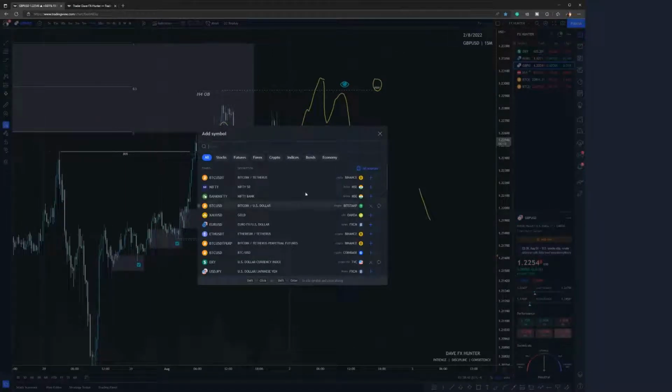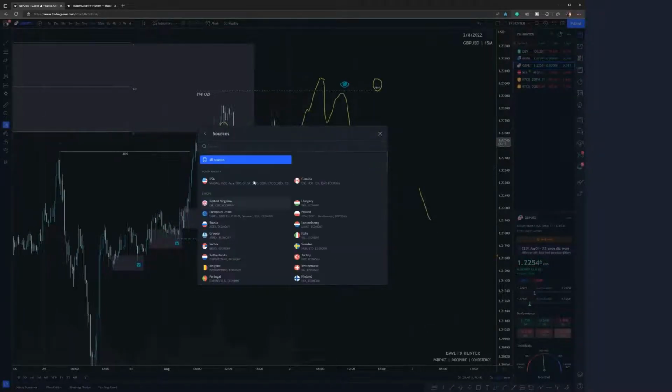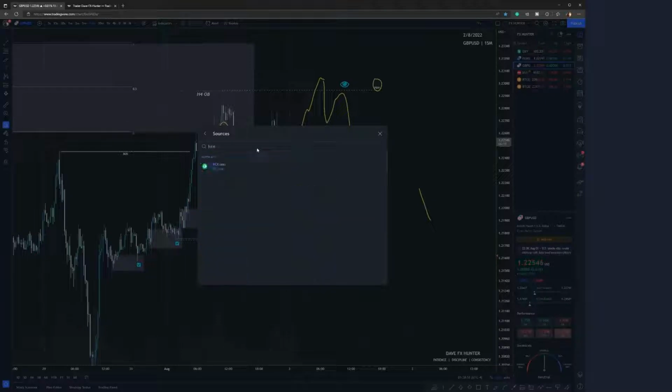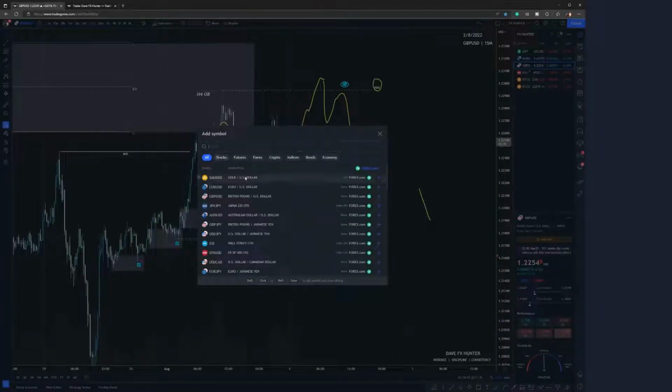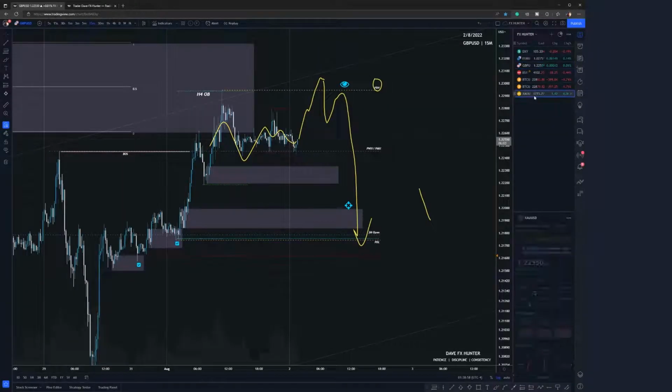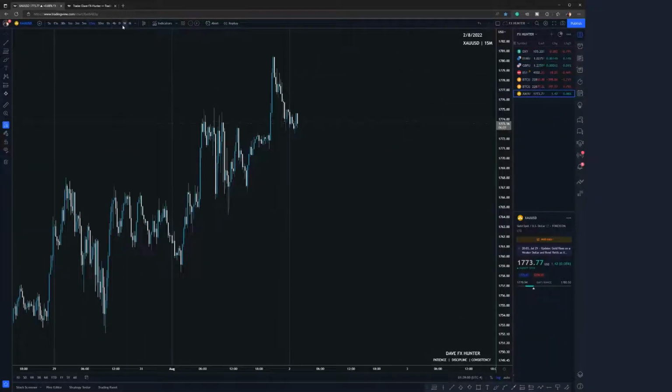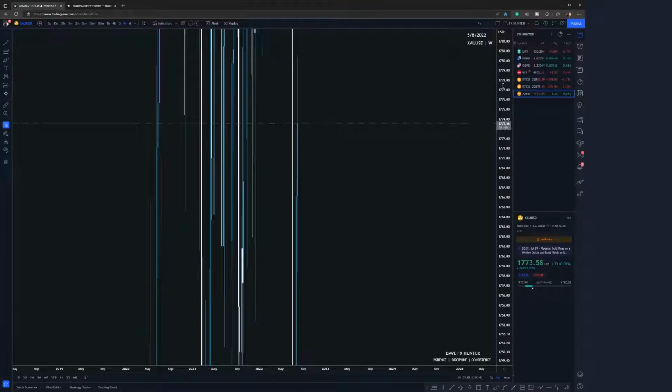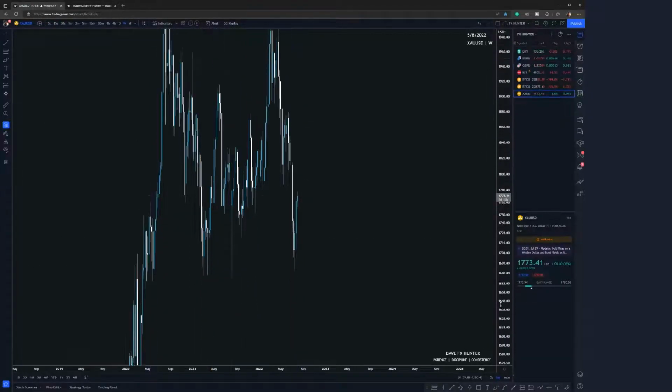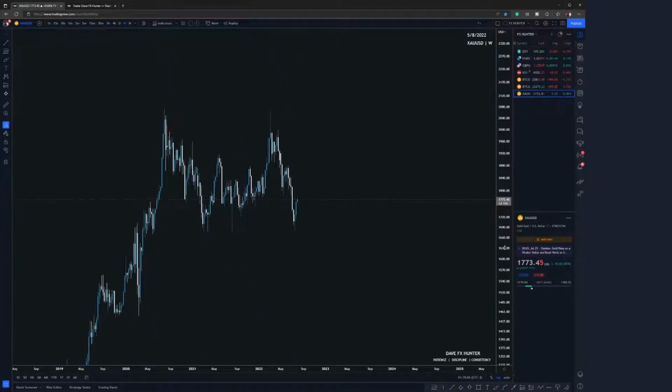Okay, so gold, and you said you want forex.com, right? So let's check it. Let's look at the gold, which is here, right? I can make some big picture view, but honestly, I am not looking at the gold anymore.